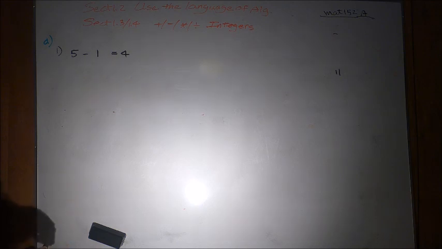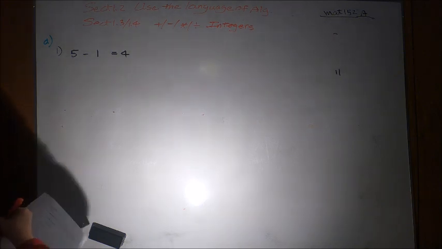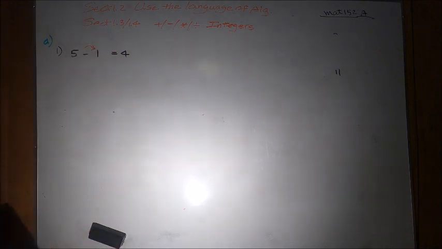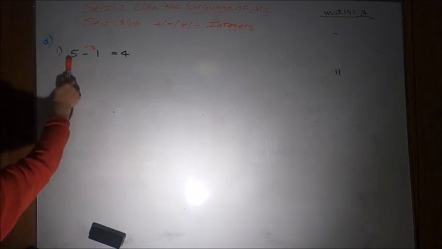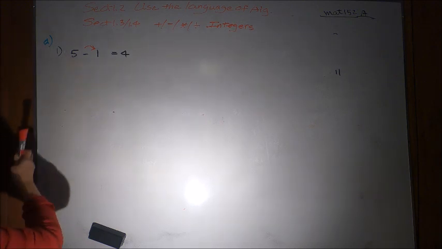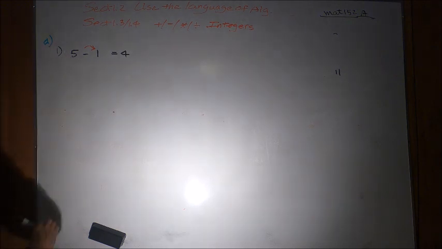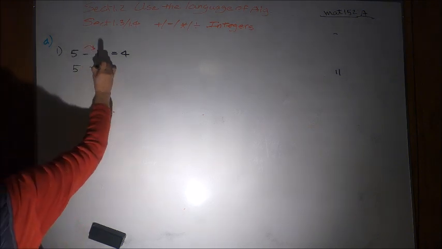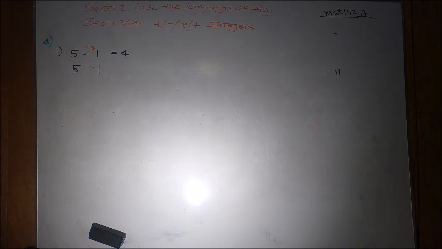Each number has a sign right in front of it. So the sign belongs to the number behind it. Only the first number, if it is positive, we don't use a sign. So the first number is positive 5. The second number is actually a negative 1.